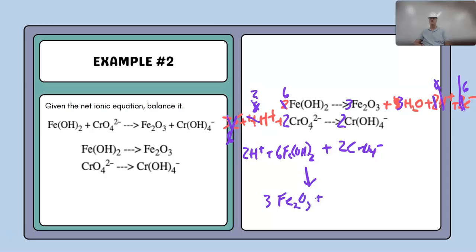3Fe2O3, and I've got 3 H2Os, and my chromium, 2 Cr(OH)4 minus. Okay, so I've got my hydroxides in there, that's the acidic part.